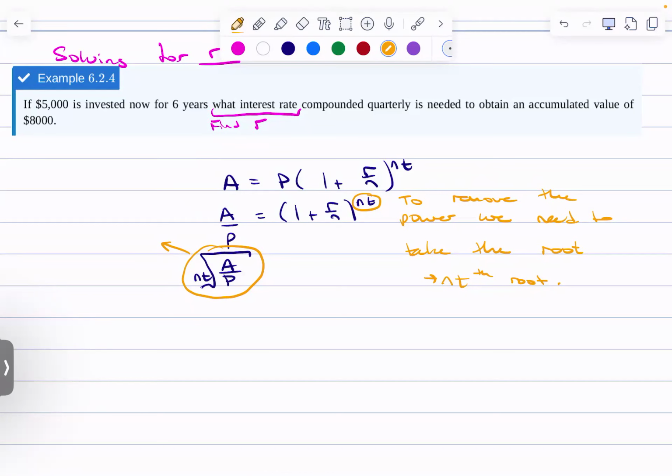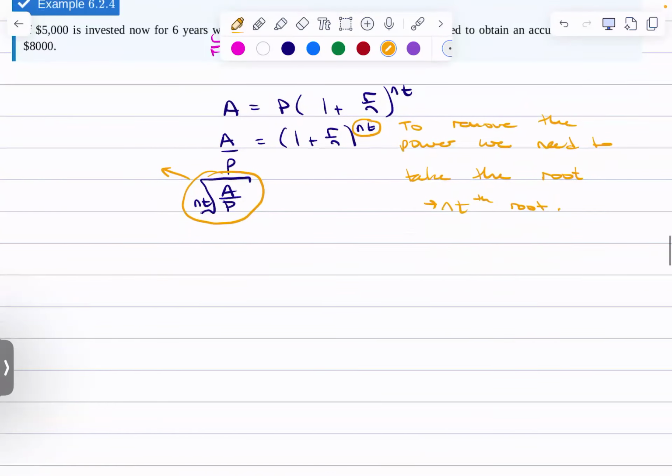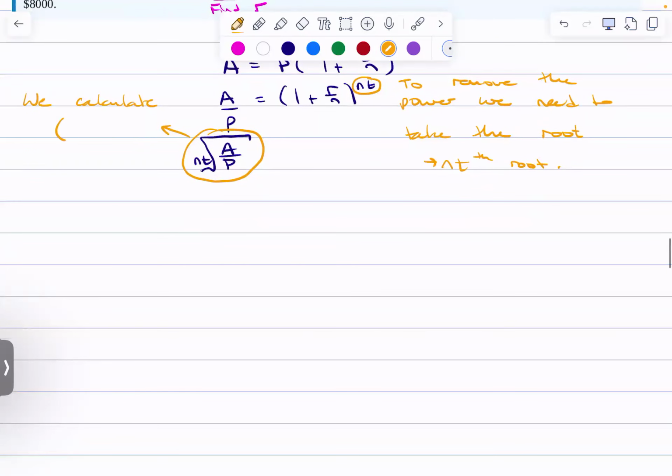Well, so much for bragging. I need to work this as well. So we calculate A divided by P to the power of 1 over n times t.